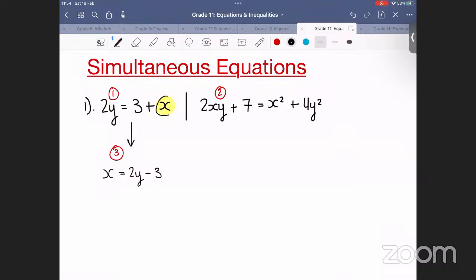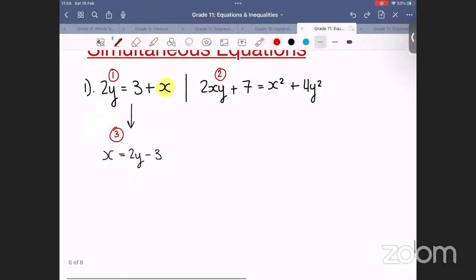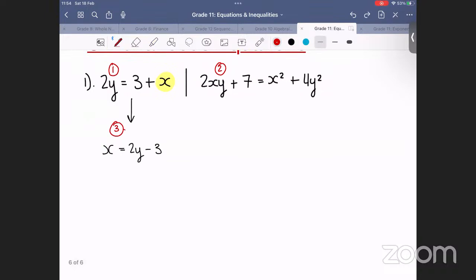We have isolated my variable x, and I have expressed x in terms of y. So x can be written as 2y minus 3. Then I'll write out some steps for this as well. I need to substitute number 3 into number 2.